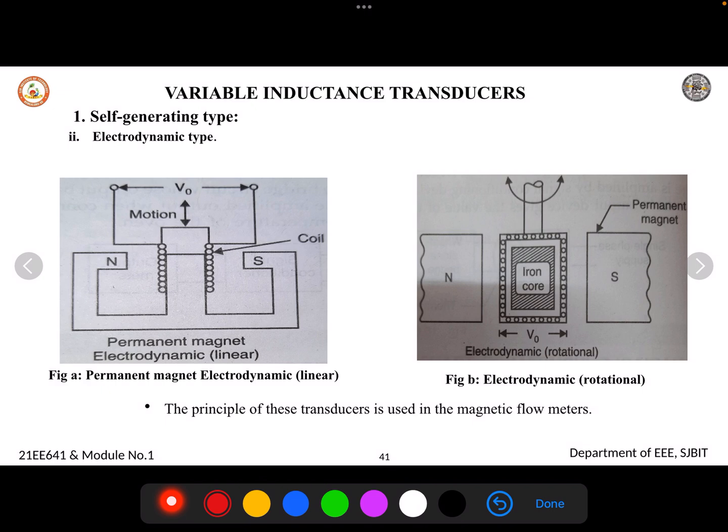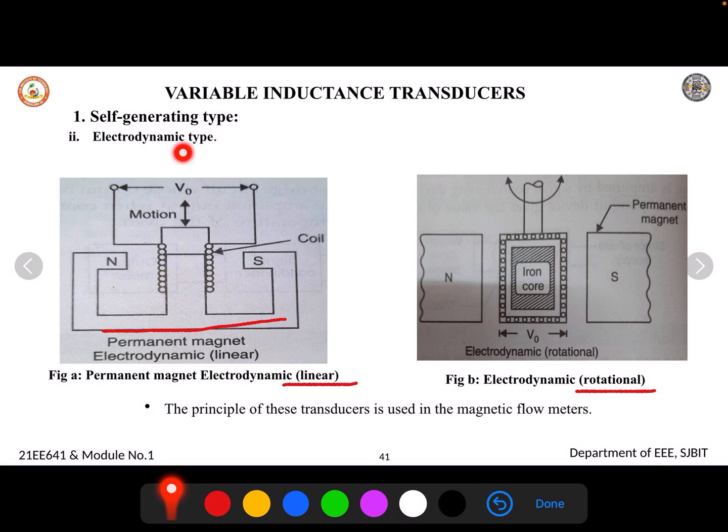Another self-generating type is the electrodynamic type. Here the electrodynamic type is of two kinds: one for linear movement and one for rotational movement. The same principle applies here also. Once again I have a permanent magnet, with north and south pole, and at the center I have one more core, a movable core, and the coil is present on this movable core.